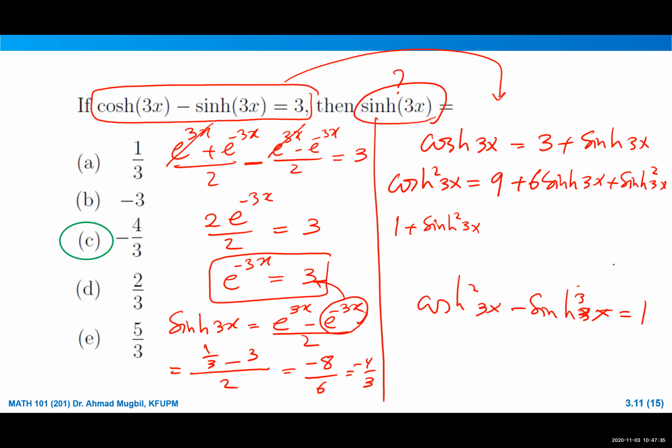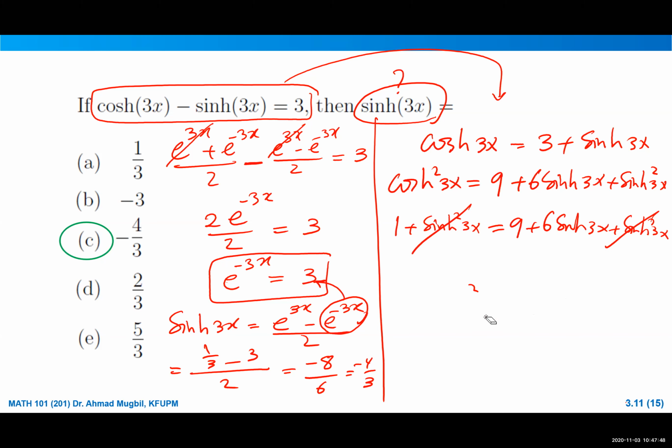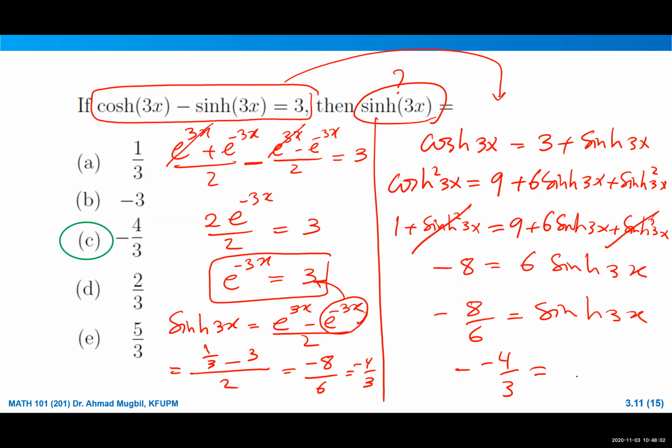So now move it to the other side: this equals 9 plus 6 sine 3x plus sine squared 3x. Now this will be cancelled with this. And what you have: 9, move it to here, it will be negative 9 plus 1, negative 8, equals 6 sine 3x. This means that sine 3x equals negative 8 over 6, which is negative 4 over 3.